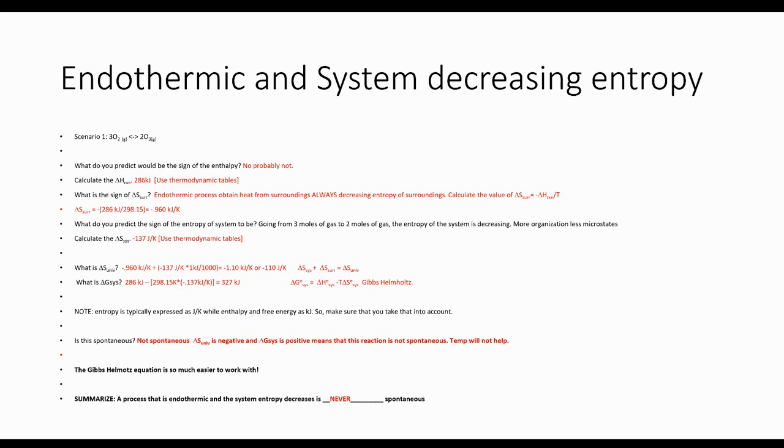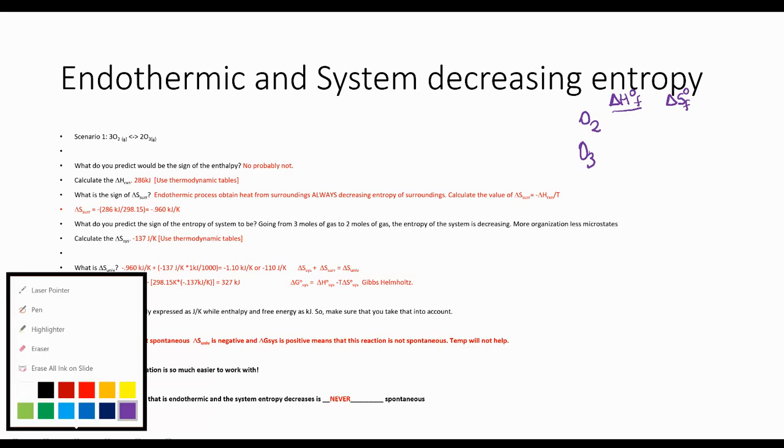Oh, I found it. Okay, so for O2 in the back and O3 in the back, they'll have delta H of formation. They'll have delta S of formation, or not formation, sorry. Sorry about that.